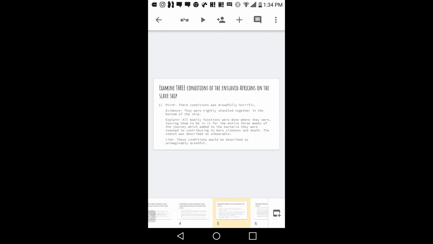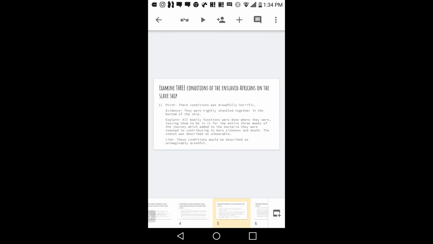So your point here, based on your explanation, is that one of the conditions on the slave ship was the spread of diseases, because your explanation spoke directly of diseases. Correct? Yes, sir.